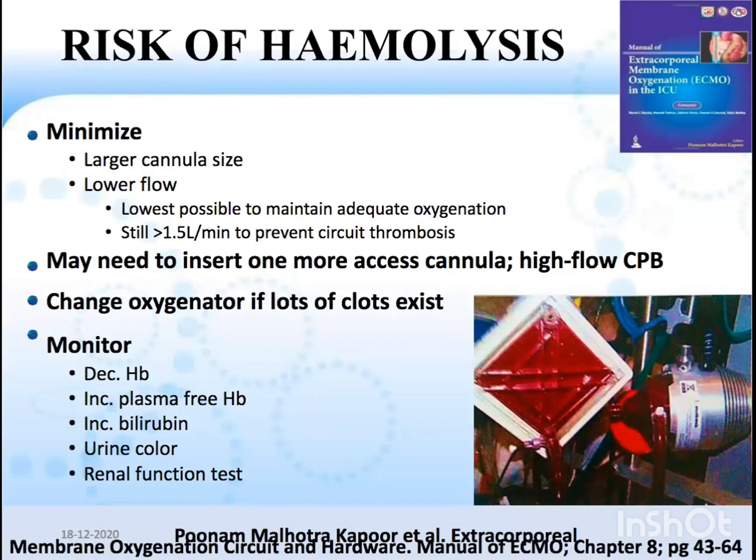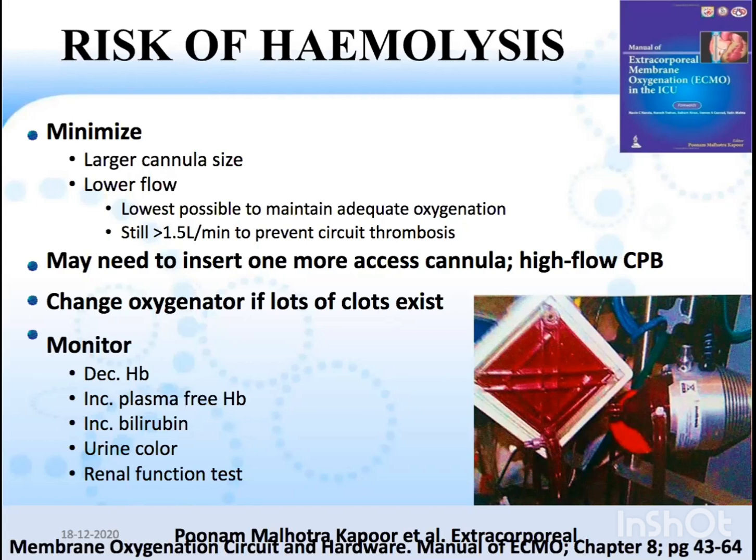So it is the duty of the person putting in the cannulas to have large cannulas and flow as low as possible to maintain adequate oxygenation, and still always try to have around 1 to 1.5 liters per minute to prevent any circuit thrombosis. We may need to insert one more access cannula and give high flow, not partial but complete CPB also sometimes.